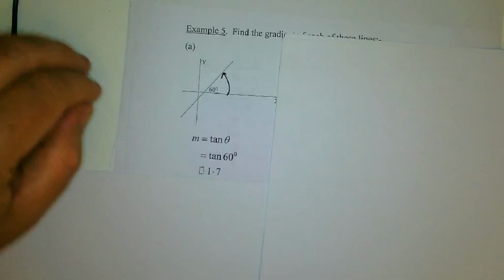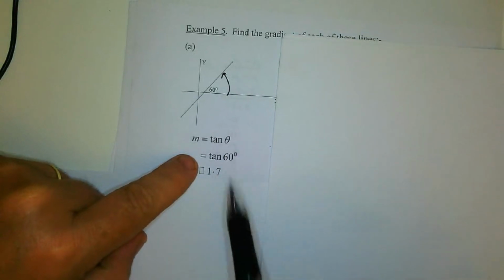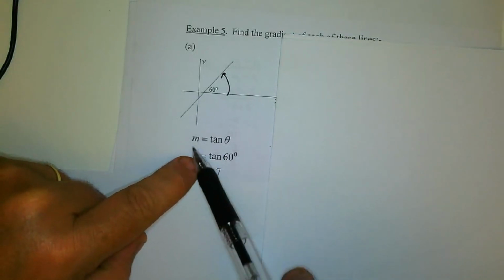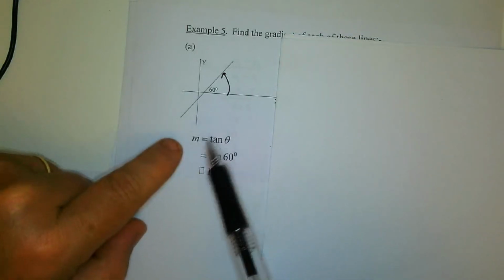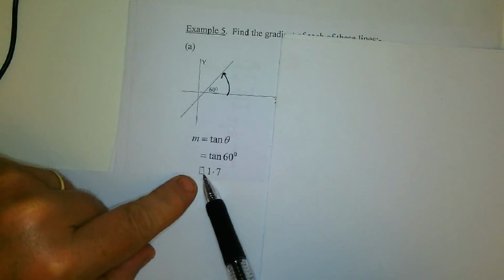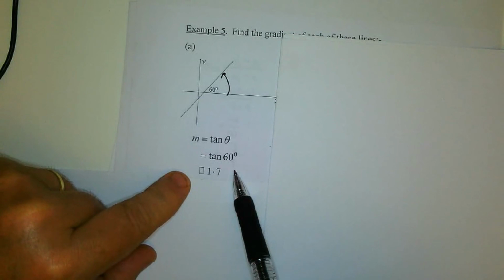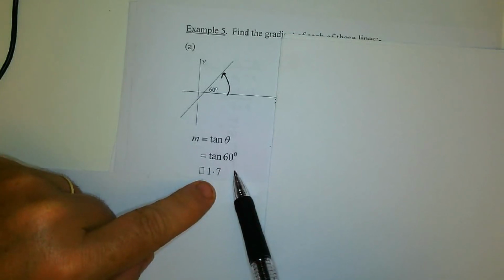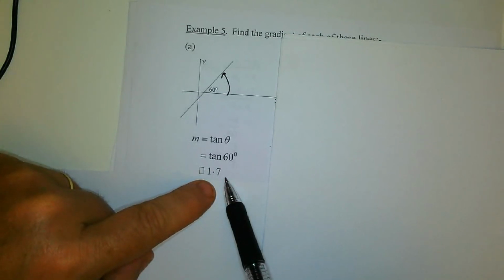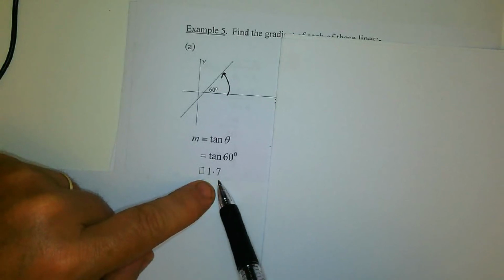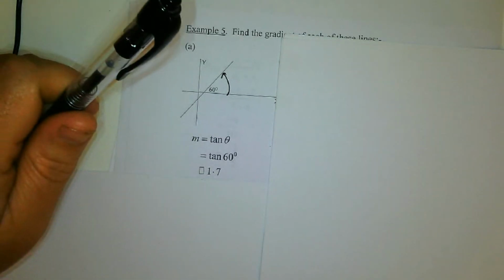Well, all I'm going to do is, I've got my m equals tan theta, m equals tan 60, and then here you've got m equals 1.7. So the gradient's 1.7. Pretty straightforward. Next one.